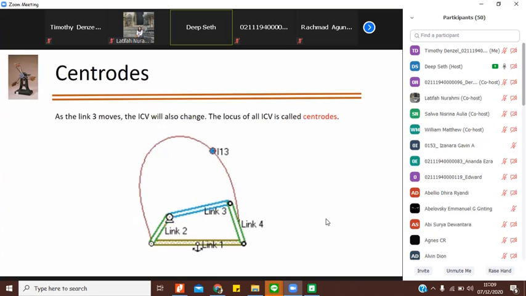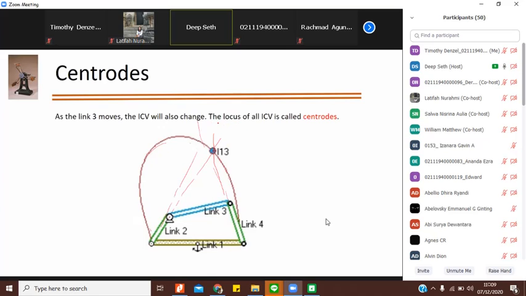So let's say previously it was here. Then your link 2 moved. So let's say the ICV again changed over here and it reached here. So this I13, whatever curve it will make, means where you can find this ICB.